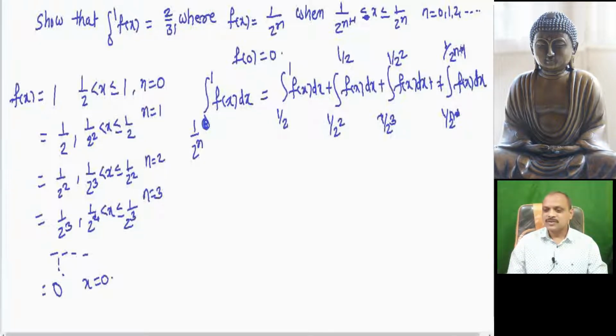Whenever there is a 2 raised to n, here it is 2 raised to n minus 1.